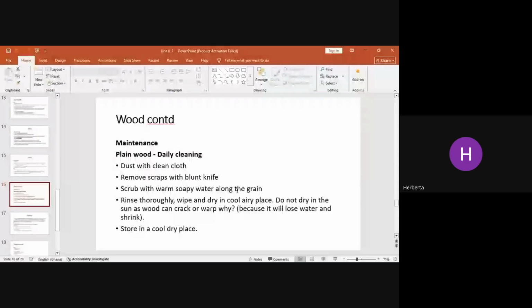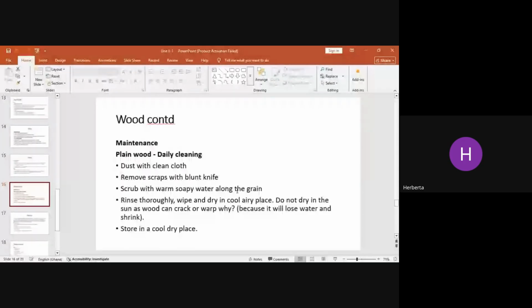When it becomes necessary for you to scrape, you have to scrape along the grain. You rinse, you allow it to dry, air dry. Then occasionally you can polish or spray it. If it is items that need to be stored, then after drying it, you store it in a cool, dry place.